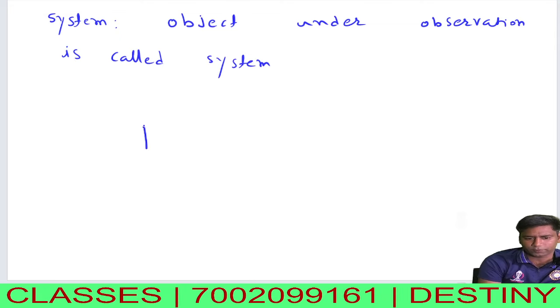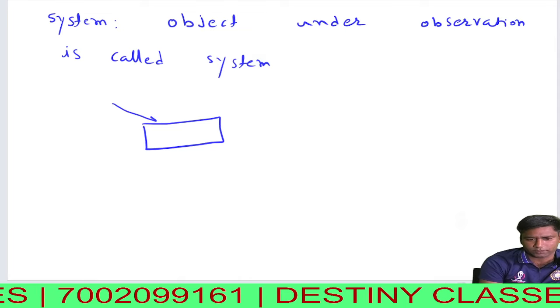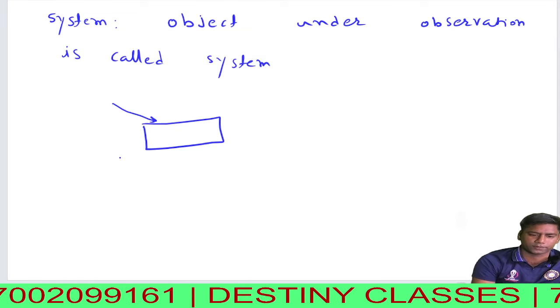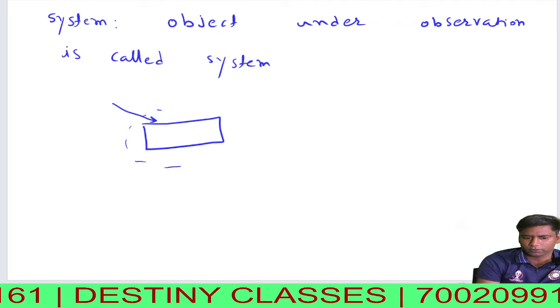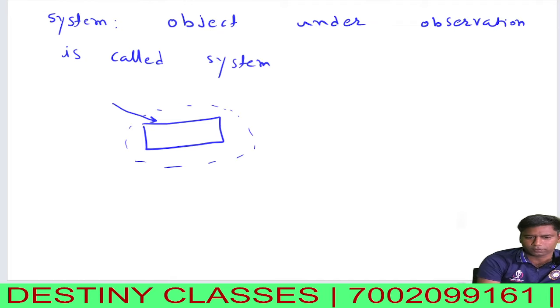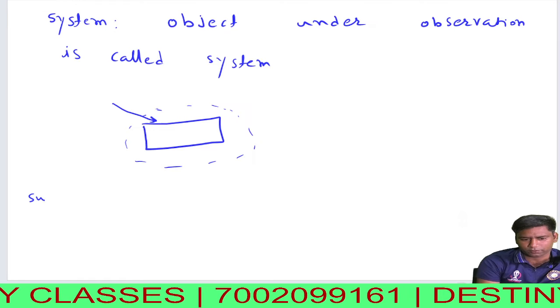Suppose this is an object and we are going to study, observe temperature, pressure changes. So it will be called a system. The object which we are going to study, observe, is called a system. And apart from the system, it's called surrounding.